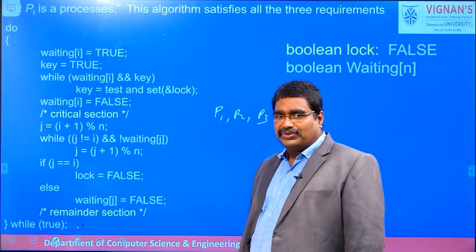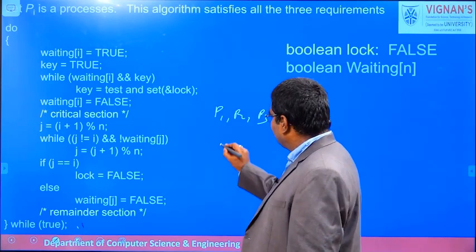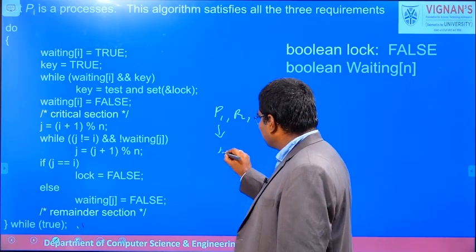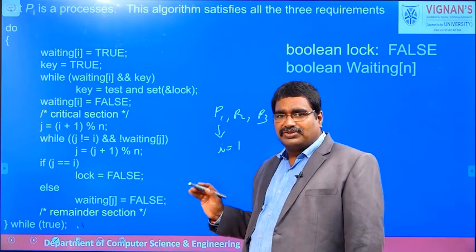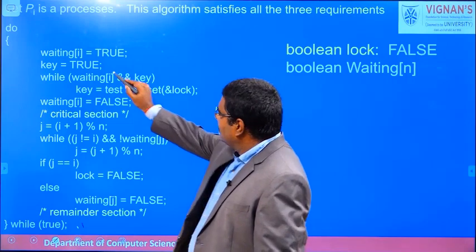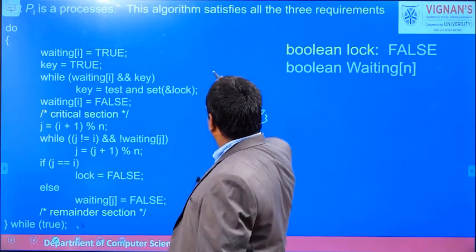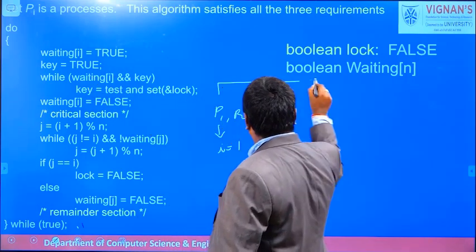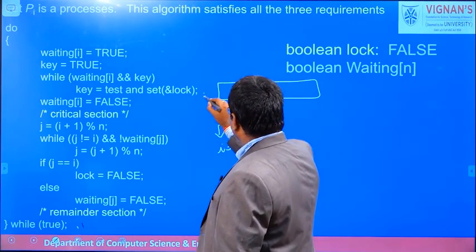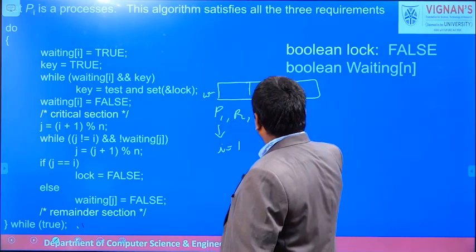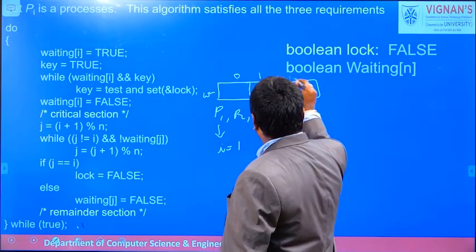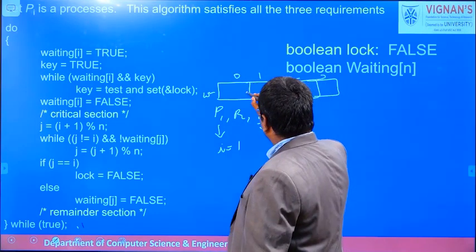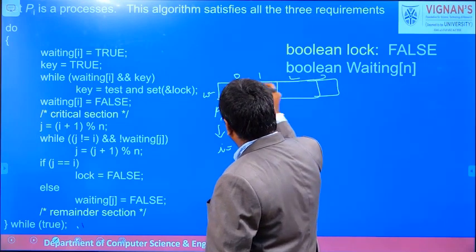Initially, P1 wishes to enter into the critical section, so i is equal to 1. If the P1 process wishes to enter into the critical section, first it sets waiting of i equal to true. For example, we already know there are three processes, and waiting is an array with indexes 0, 1, 2 and 3, and initially all are false.